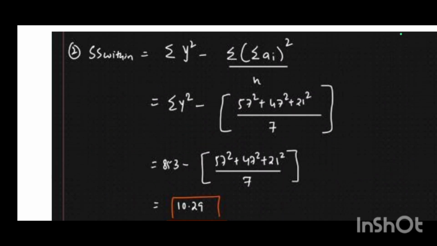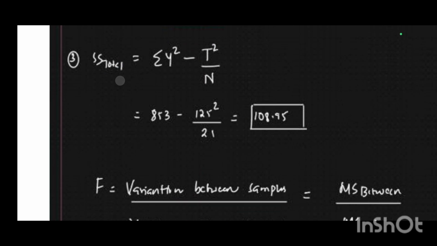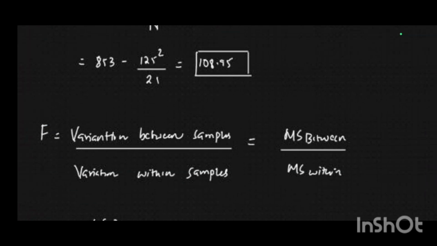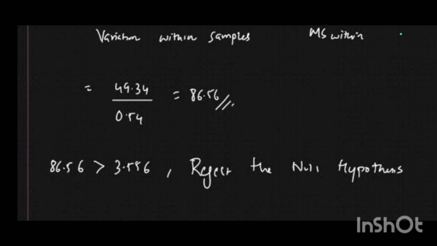Here are the sum of squares within and total. You can see the formulas and easily identify that. So here 86.56 is greater than 3.55, hence we have to reject the null hypothesis.